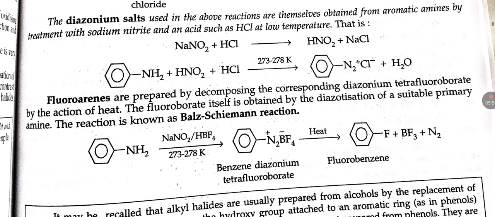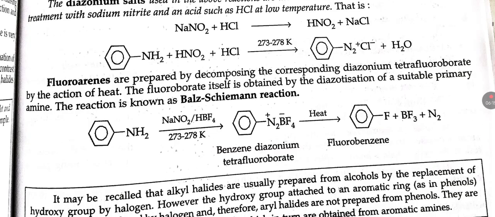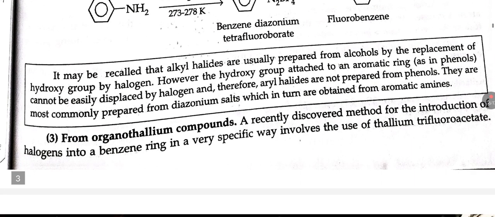Fluoroarenes are prepared by decomposing the corresponding diazonium tetrafluoroborate by the action of heat. The fluoroborate itself is obtained by the diazotization of a suitable primary amine. This reaction is known as the Balz-Schiemann reaction.